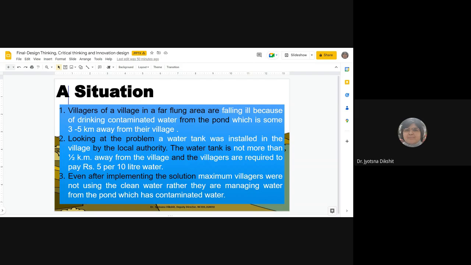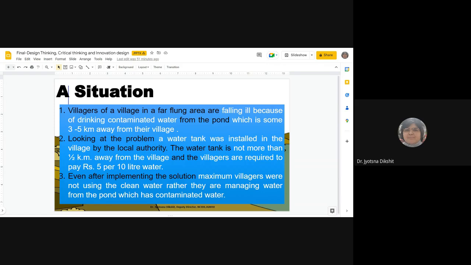Looking at their problem, the local authorities built a water tank, and the water tank is only half a kilometer away from their village. In fact, there is a cluster of villages, and the tank is not more than half a kilometer away from the cluster.